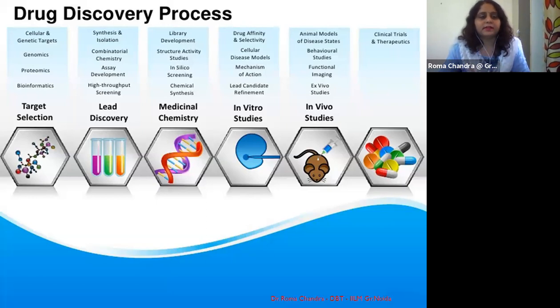For example, if I am considering my target to be a protein, we are very much aware that there are databases from where we can retrieve the structure of proteins. Protein structures can be easily retrieved from tertiary databases, like for example the Protein Data Bank. We can select the suitable receptor.